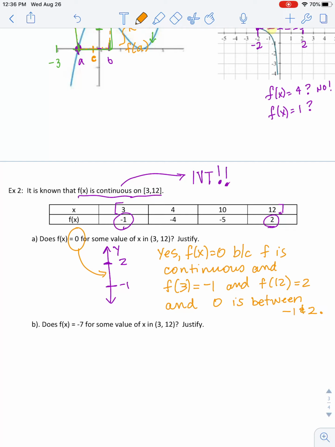So we're citing the ifs and the thens of the theorem to give us that justification. And we'll do an exercise where you get to practice that more.